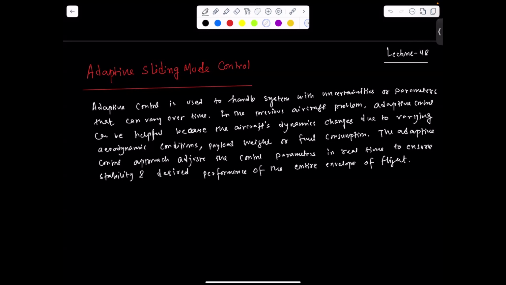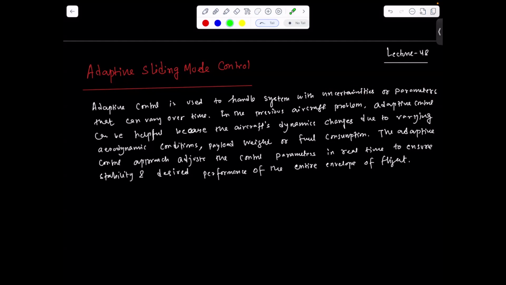So this is a very important concept to handle the uncertainties and parameter variations in the system. And this variation we can include in the control, and that control can handle these unwanted perturbations or uncertainties in the system.